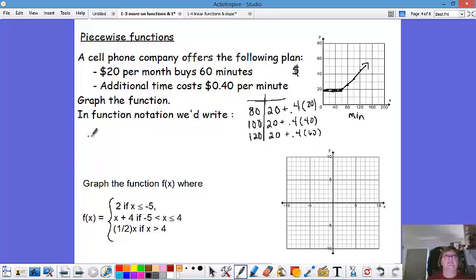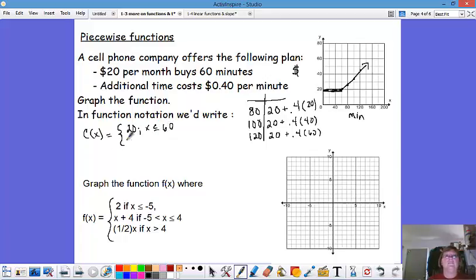If we were going to write this in function notation, we'd write perhaps C of x, cost function, is equal to, and we kind of have to write this rule in pieces because this function comes in pieces. C of x is equal to $20 when x is less than or equal to 60 minutes.